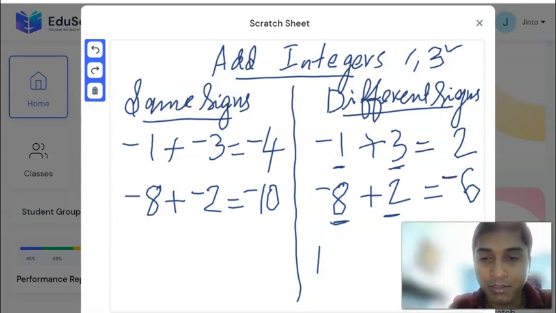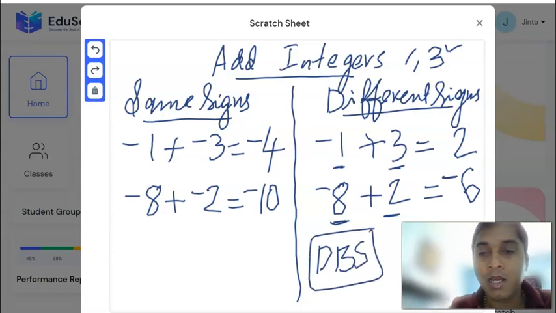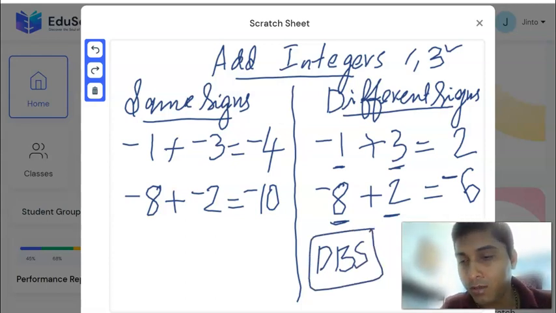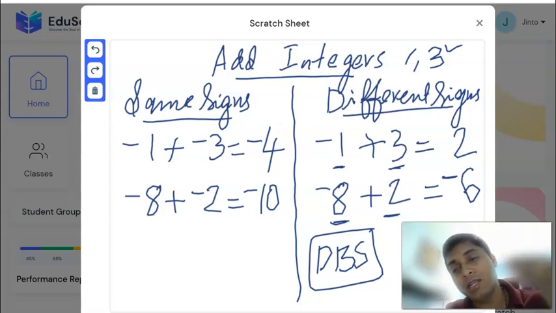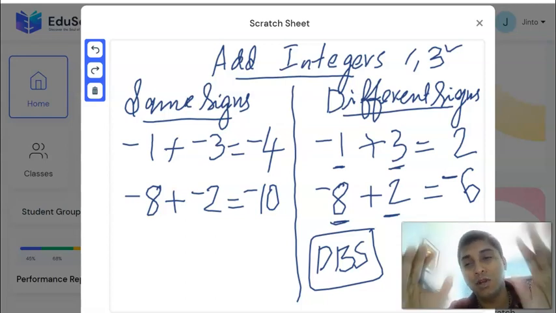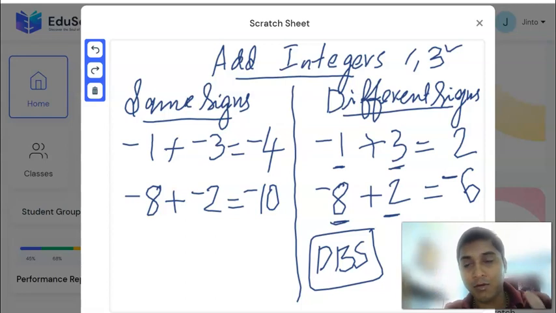So that's why I generally tell the students to think about DBS. Now this will help you a lot when you subtract integers, because later on subtraction comes into different forms. We can think about at least 4 possibilities of subtracting integers, but these are not subtracting integers, these are addition.